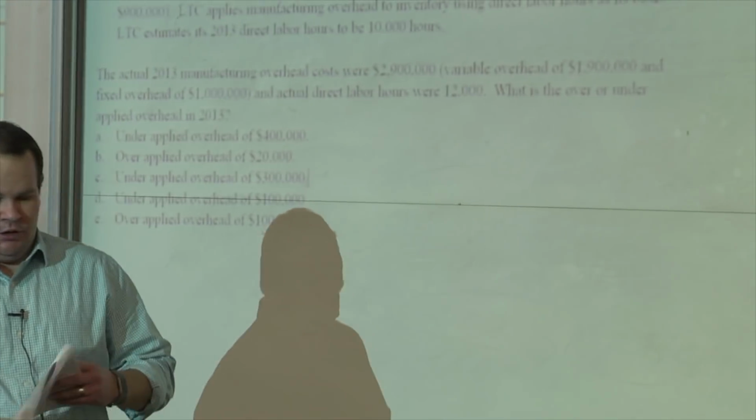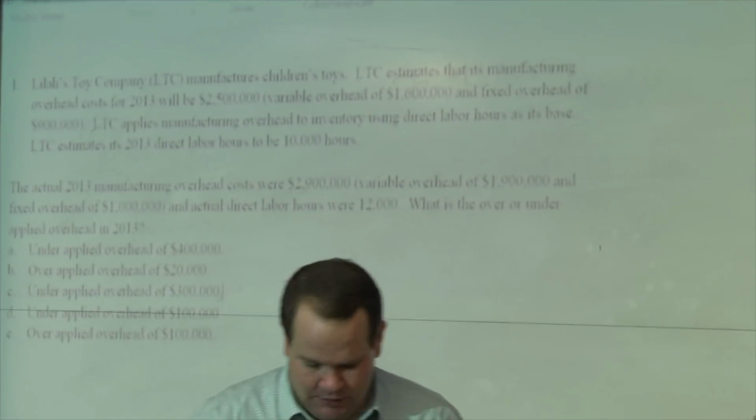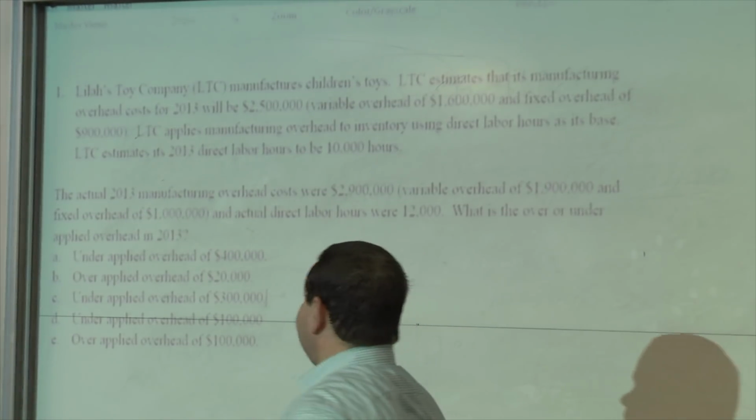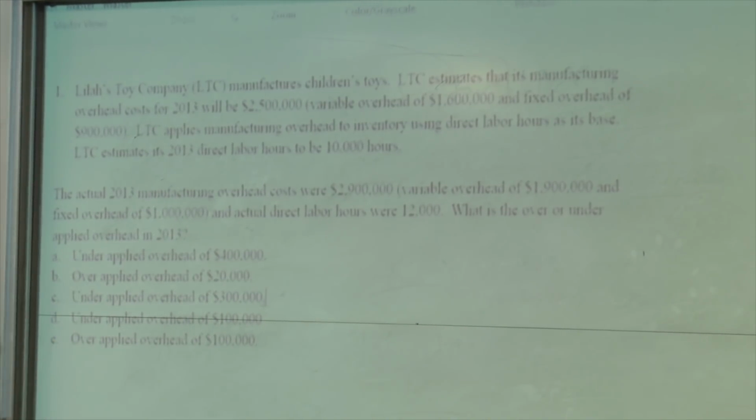All right? So we can get started with question 1 here. Hopefully you guys all gave it a shot or have it with you, but let's see what we're talking about. A little difficult to see, but if you have your own copy, you can follow along with that. So we have this toy company, and we get some estimates of what their manufacturing overhead is for 2013.